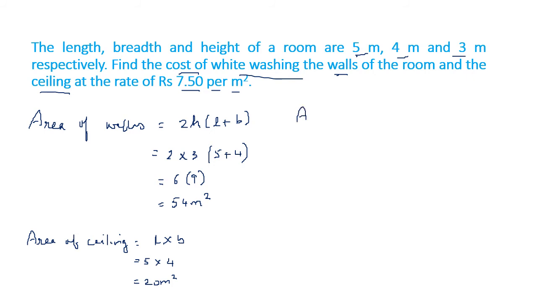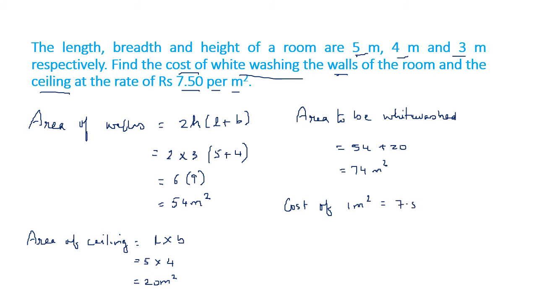So the total area to be whitewashed equals 54 plus 20 equals 74 meter square. So cost of 1 meter square is 7.50.